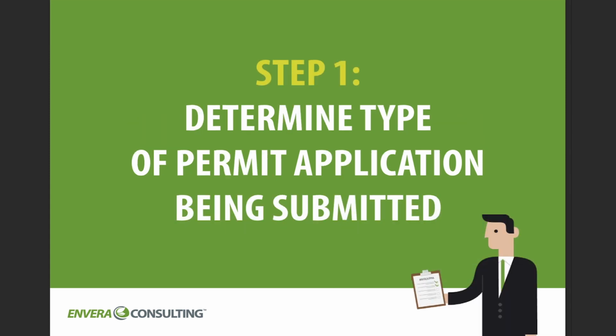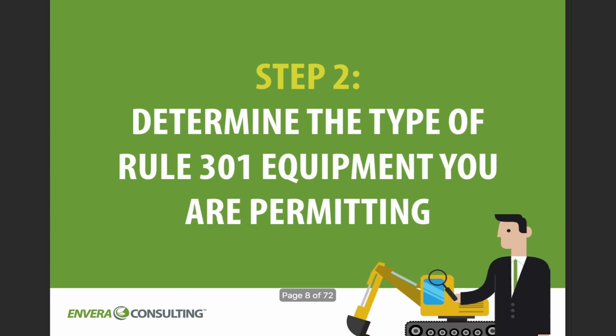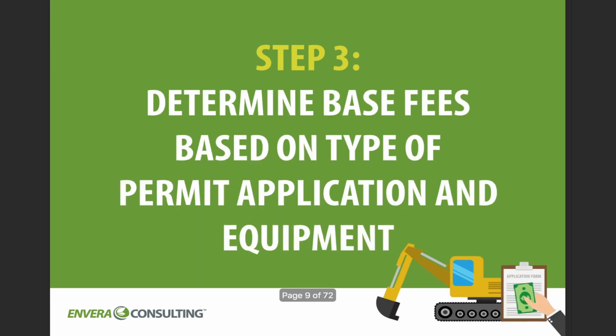Number 1 is to determine the type of application being submitted. Number 2 is to determine the type of Rule 301 equipment that you are permitting. Number 3 is to determine the base fees required based on the type of permit application that you're submitting, as well as the Rule 301 equipment type that you have.